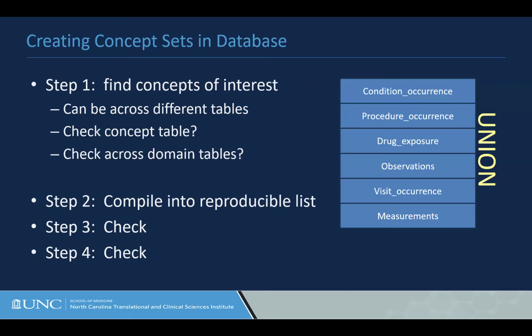And then we'll also calculate frequencies and distinct patients so that we can get a much clearer sense of, one, when we're looking for concepts, what domains are they in? So do we potentially have a definition or a concept set that spans across multiple tables? For instance, do we have a diagnostic concept set that spans condition occurrence and observations?